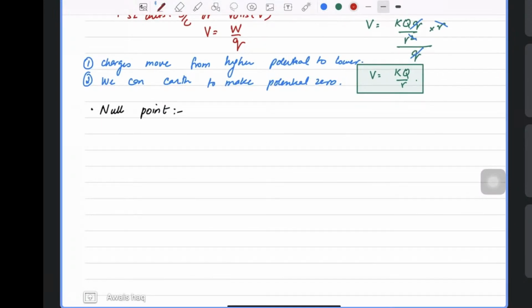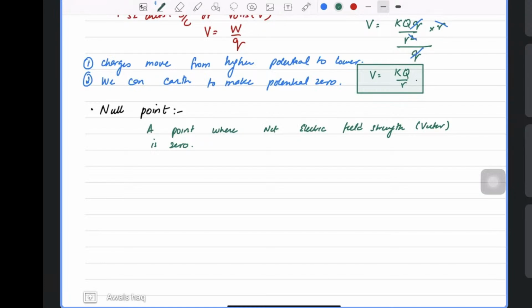Right now, you should remember that the null point is a point where net electric field strength, when I say net electric field, because it is a vector, which means at this point the vectors are opposite and of the same value, so that would make the electric field strength 0.